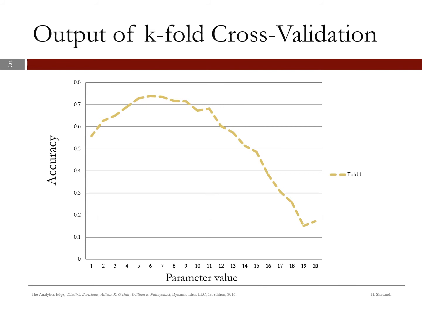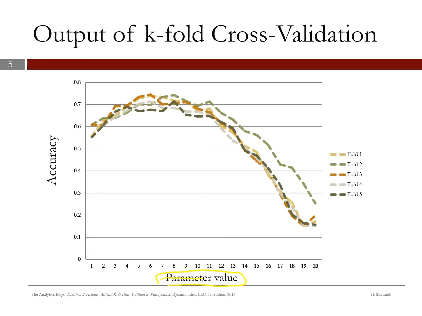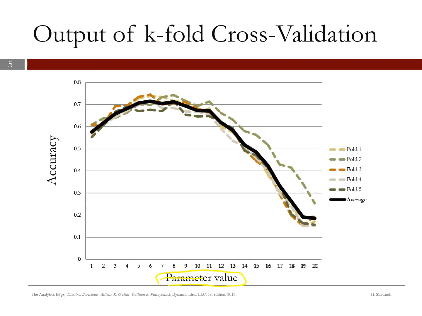That means we have used the other folds, except fold 1, to estimate fold 1 by a certain value of the parameter, and then we do this for all possible values of the parameter, and by having that we can plot this curve. Okay, so we can do this for all k folds, and at the end we can calculate the average, right?